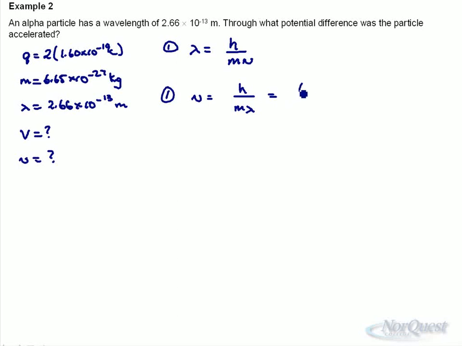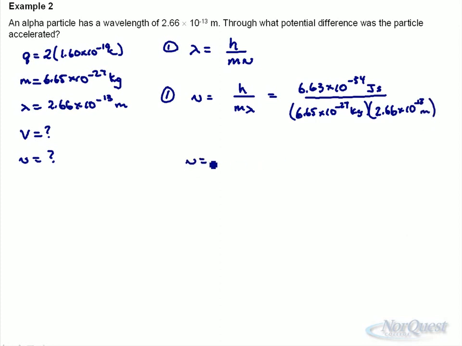If we put these numbers in, in joules again, 6.63 times 10 to the negative 34 joule seconds divided by 6.65 times 10 to the negative 27 kilograms times 2.66 times 10 to the negative 13 meters, we should find that the velocity works out to 3.74 times 10 to the 5 meters per second.